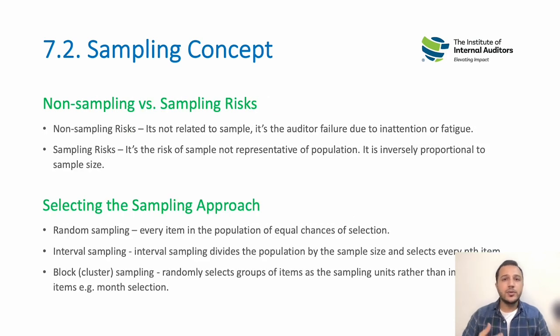Some more concepts related to sampling. We could have a sampling risk or a non-sampling risk. Sampling risk is simple: when we take a wrong sample, which is not a true representation of the population, and thus we reach a wrong conclusion.